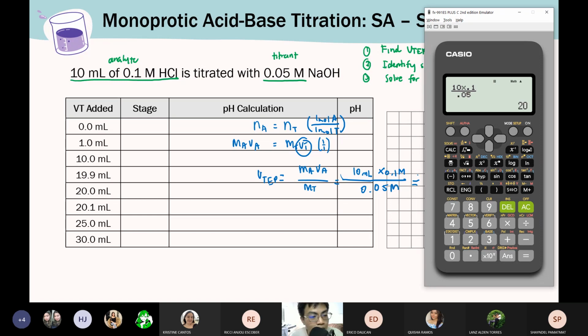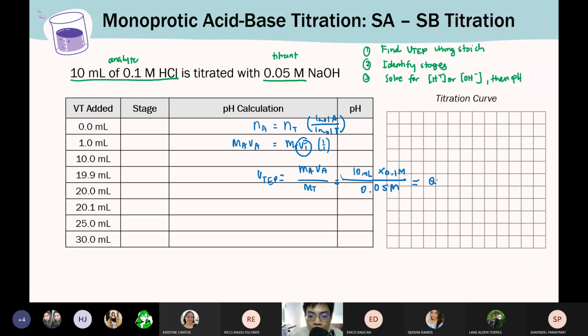Okay, so 20 ml is the VTEP. Who among you got this correctly? Sino yung nakakuha ng 20 ml as your VTEP? Okay, so si Christine, very good. How about the others? Kumusta sa iba? Okay, I hope you're still answering, ha? Ayan, si Lance. Okay, good. Sige. So, 20 ml is our VTEP.